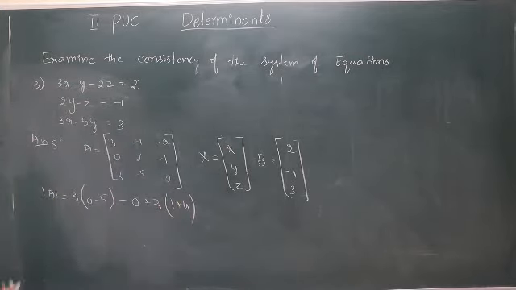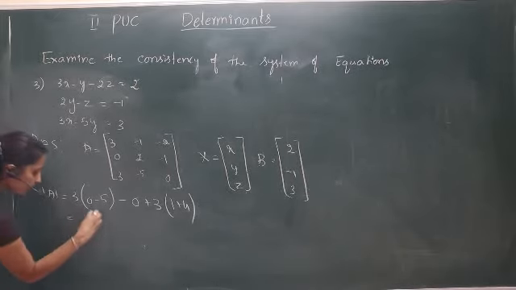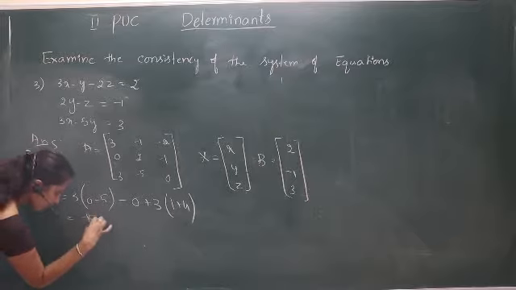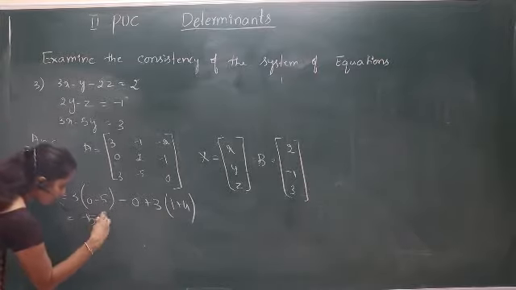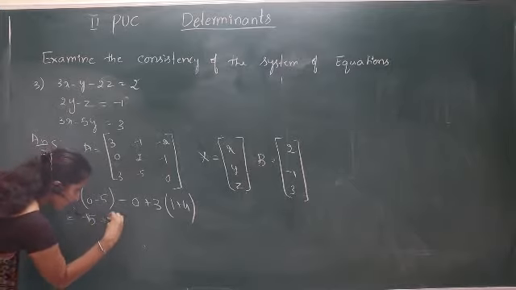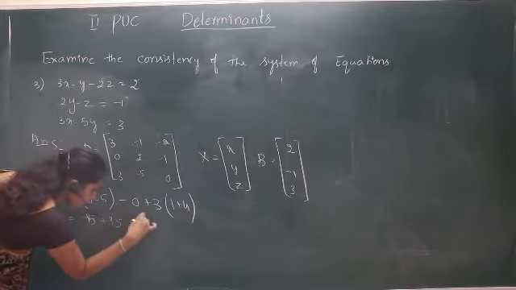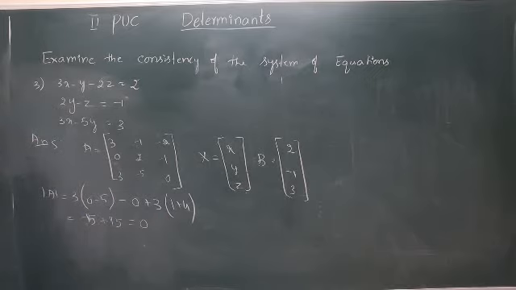Plus 4. So this will be equal to 3 into minus 5, which is minus 15. Minus 15, here it is plus 15. Minus 15 and plus 15, so this gives 0.